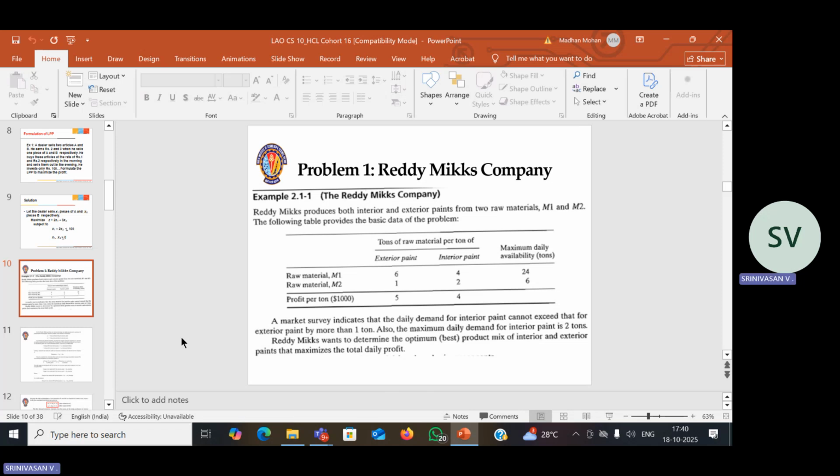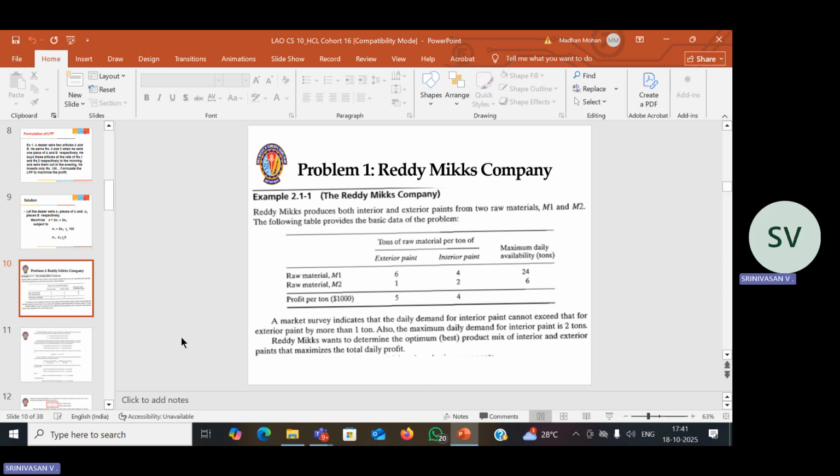A market survey indicates that the daily demand for interior paint cannot exceed that for exterior paint by more than 1 ton. So the difference between the daily demand for interior paint and that of exterior paint cannot exceed 1.